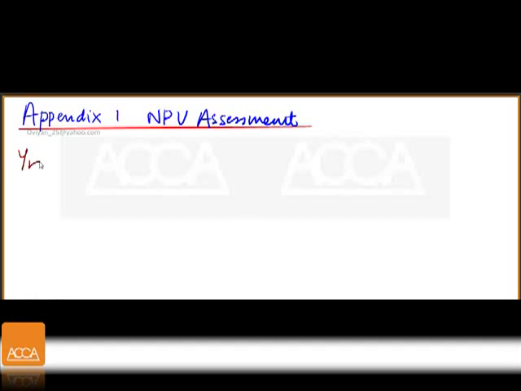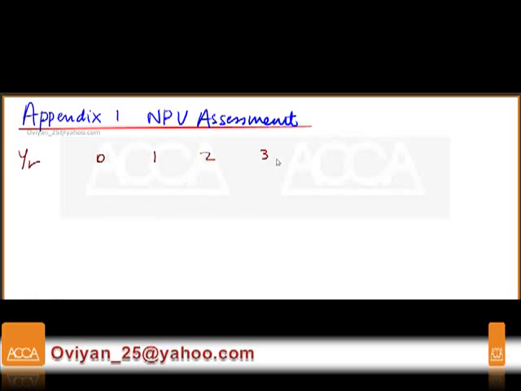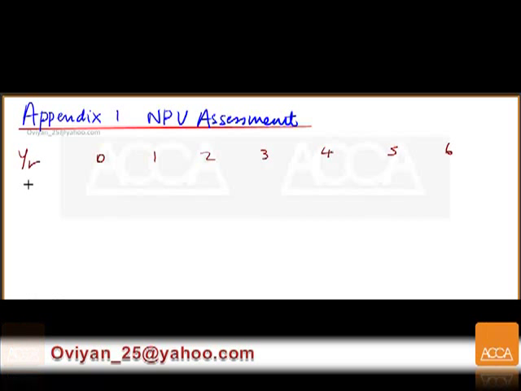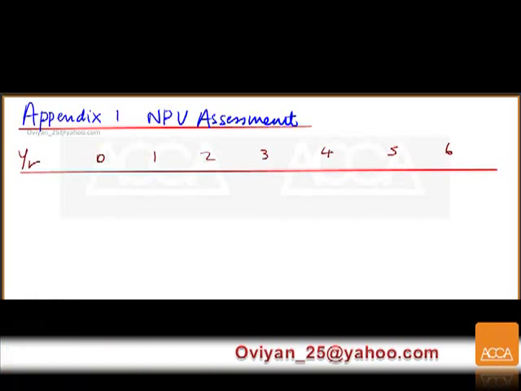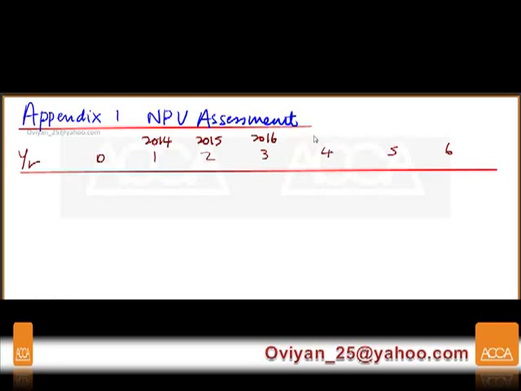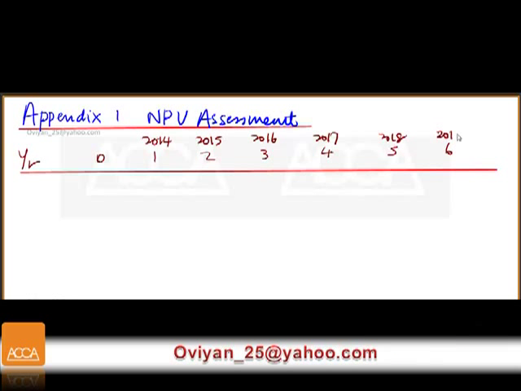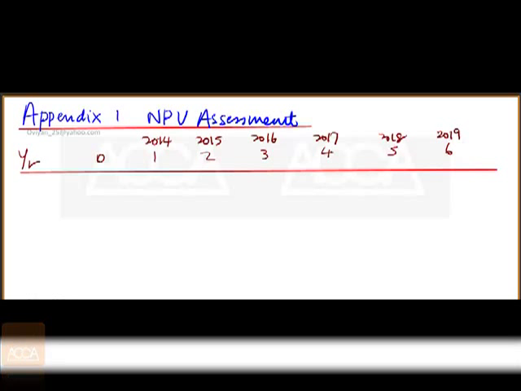It's going to be in year 0, 1, 2, 3, 4, 5, 6. So it's going to be year 2014, 2015, 2016, 2017, 2018, and 2019 for tax delays.